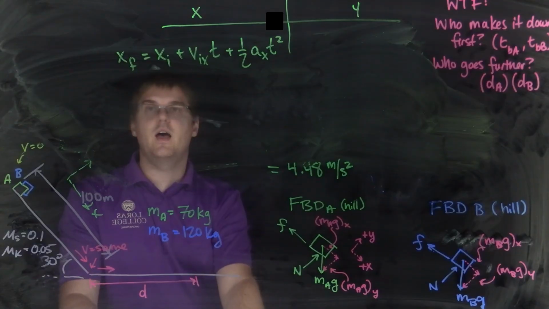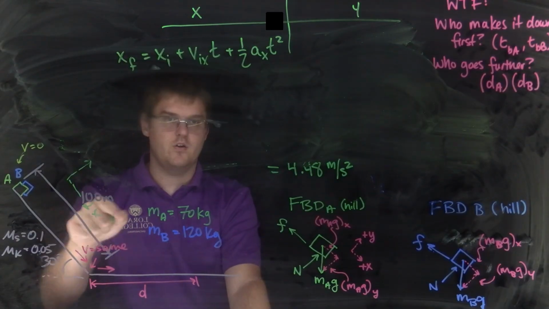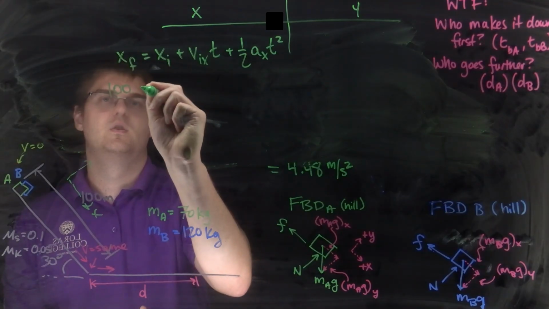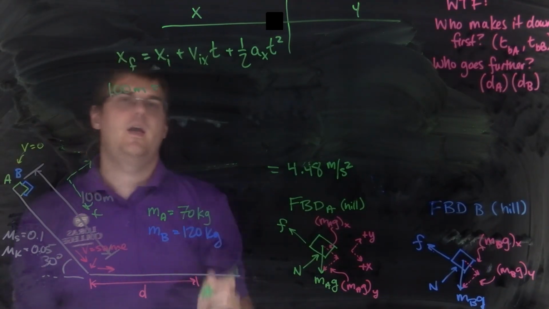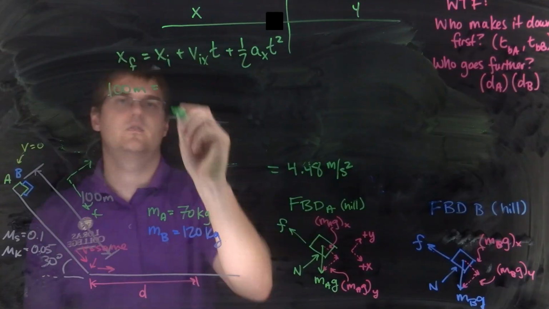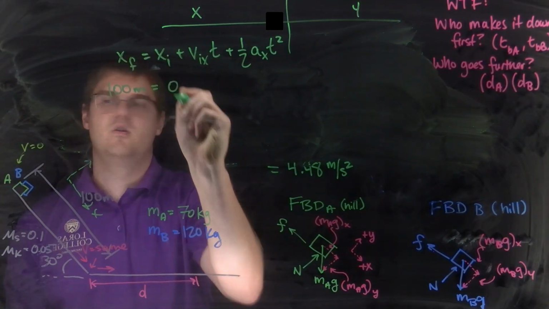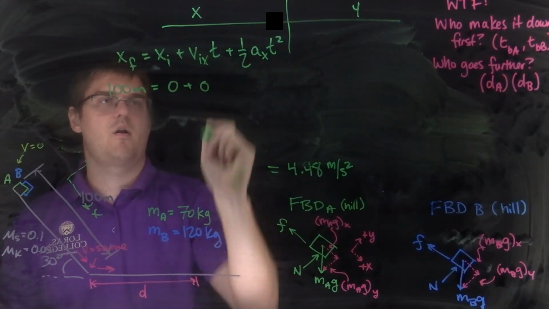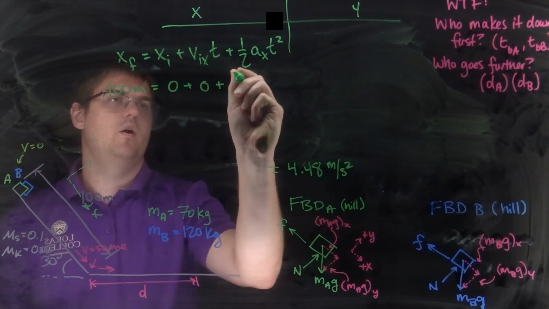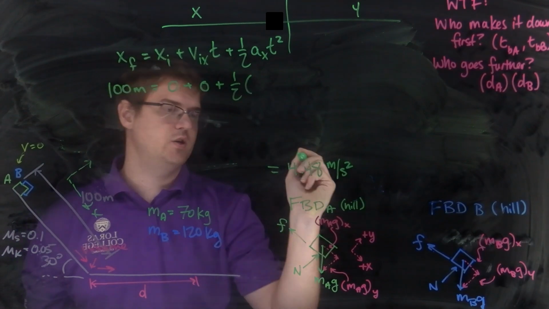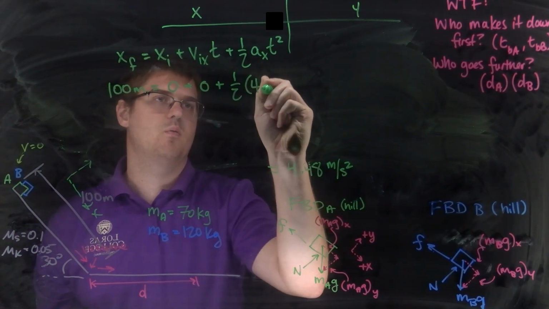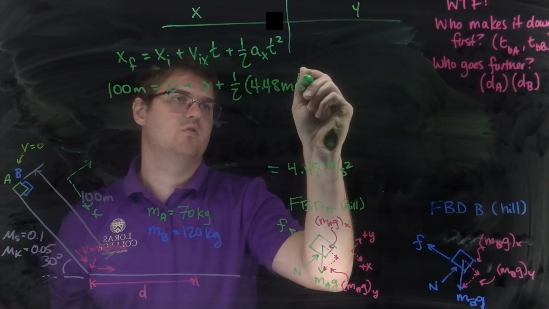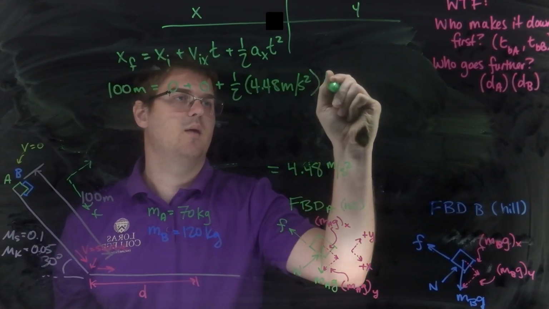And I want to solve for time. X final, well, I go 100 meters. So that's 100 meters. X initial, we're starting at 0. We're going from 0 to 100. I already said my velocity is 0 at the start. Plus 1/2, my acceleration is 4.48 meters per second squared times time squared.